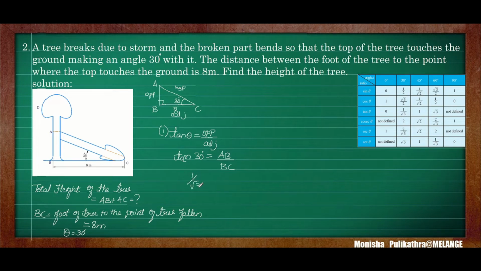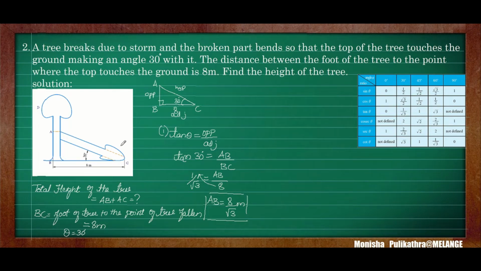So 1 by root 3 is equal to AB by BC, where AB we have to find out and BC is 8. By cross multiplying we will get the value for AB. AB is 8 by root 3. So 8 by root 3 meters is the height of the mid part from the foot of the tree.